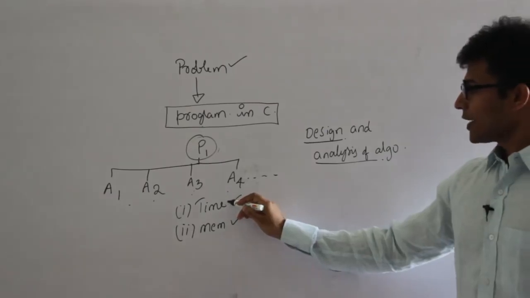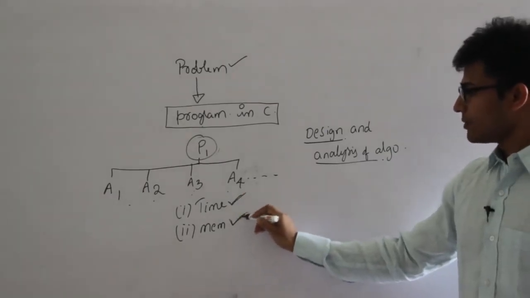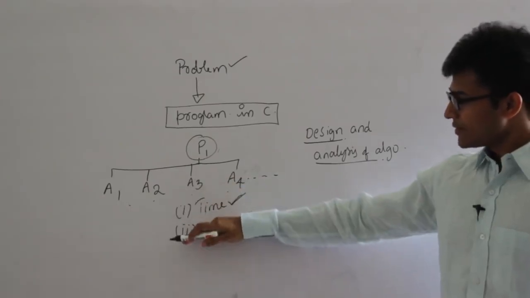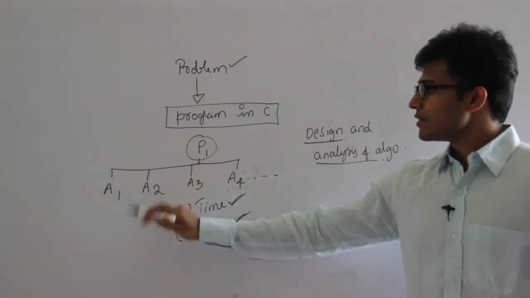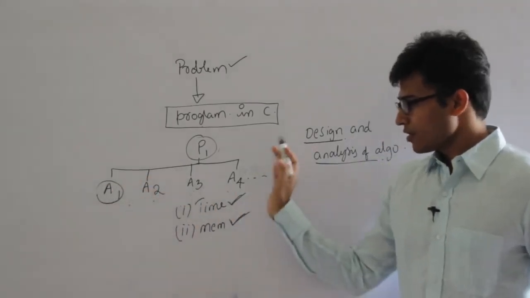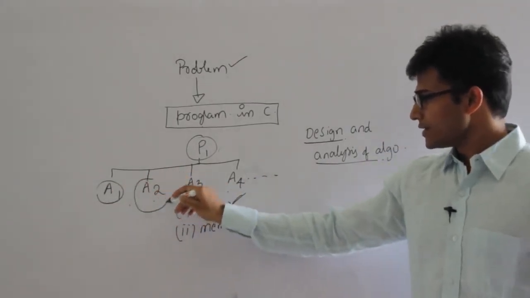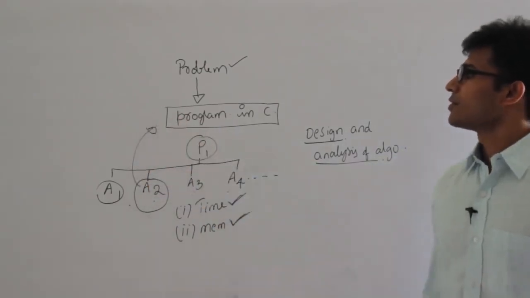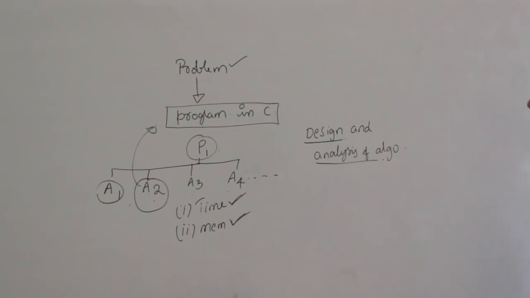What will be the time taken by each one and what will be the memory required by each one. After designing and analyzing, we shall take the best algorithm. Let us say this one is taking the least time and least memory, then we shall implement it as a program in C. That is the main purpose of design and analysis of algorithms, right?